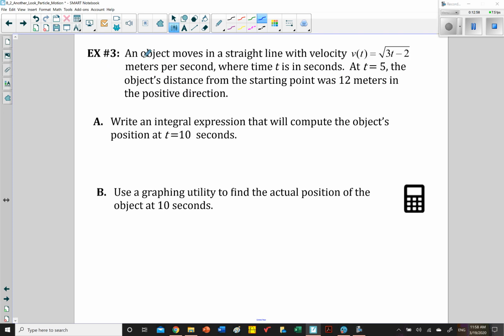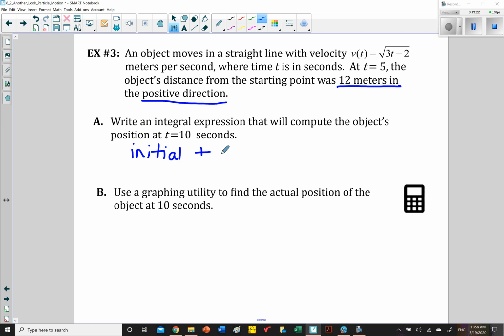So example 3, an object moves in a straight line with this velocity in meters per second, where time is given in seconds. And at 5, the object's distance from the starting point is 12 meters in the positive direction. So there's our initial. We want to write an integral expression that will compute the object's position at 10 seconds.